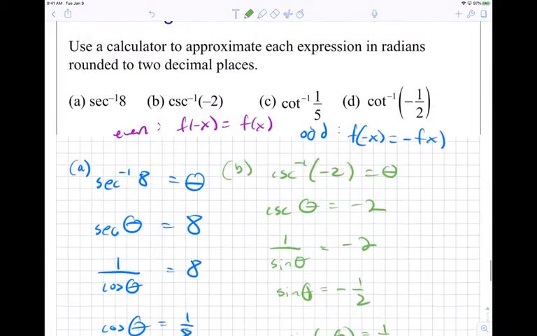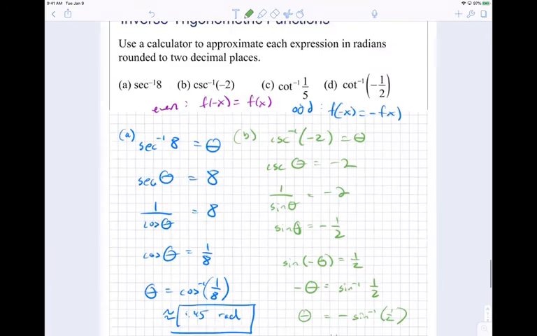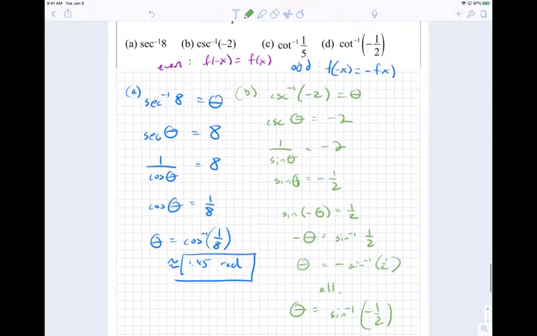What about cotan? Can you use what's on the board and give cotan a go? You want me to do it on the board? You want to try this one? The next one is inverse cotan of 1/5. You gonna do dry erase or the iPad?